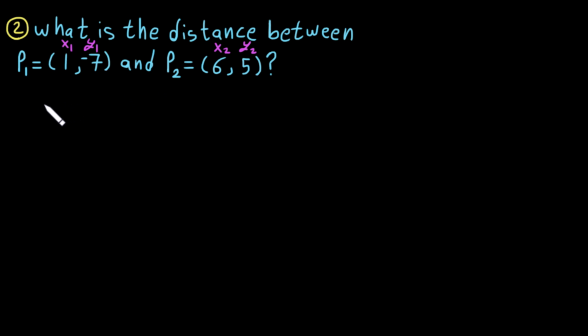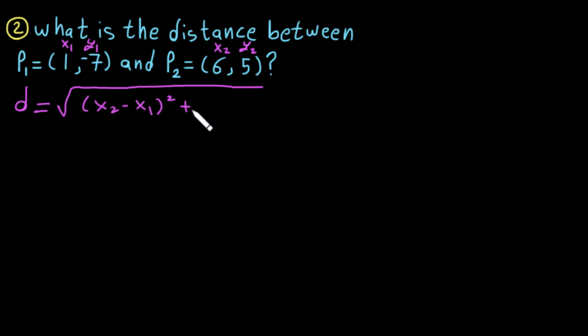Now, let's first write the distance formula between these 2 points, which is d equals the square root, a long square root like this, of x2 minus x1, the whole thing square, plus y2 minus y1, the whole thing square. Then we substitute x1, y1, x2, y2.